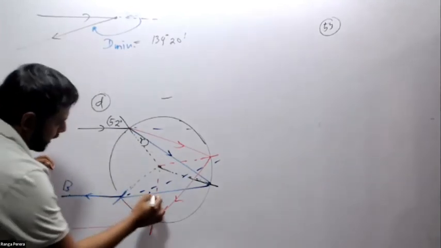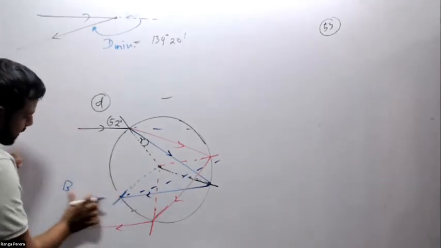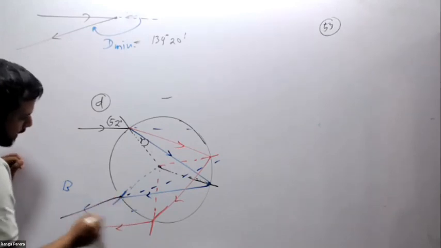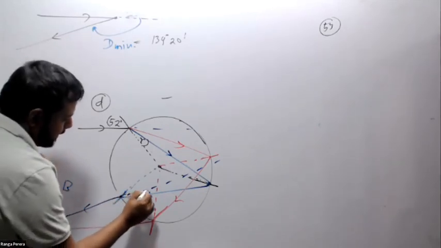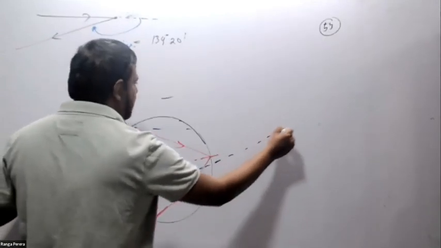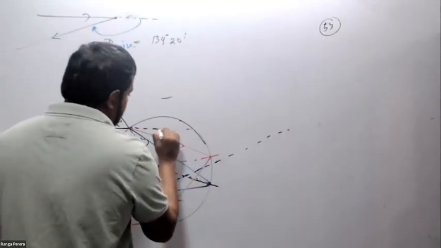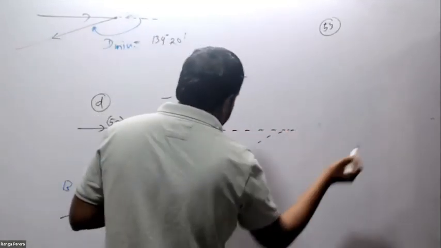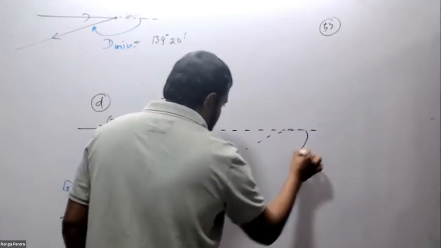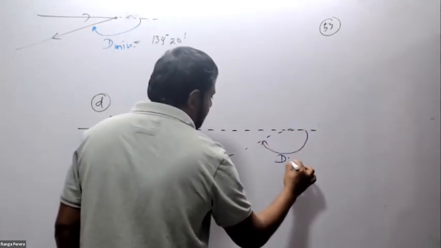This is the blue ray. You need to draw with a slight angle, otherwise you can't get D minimum. This is D minimum.